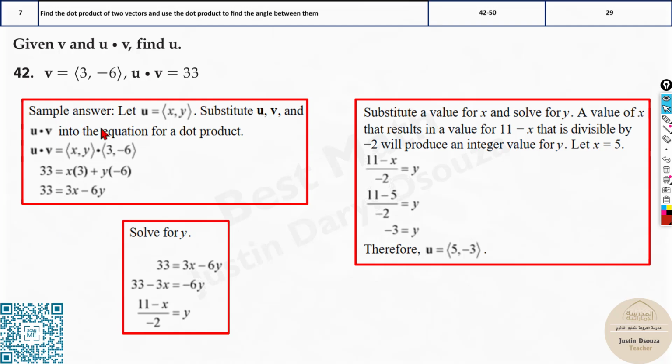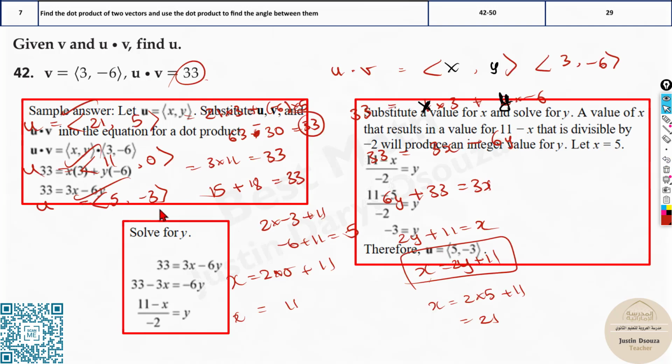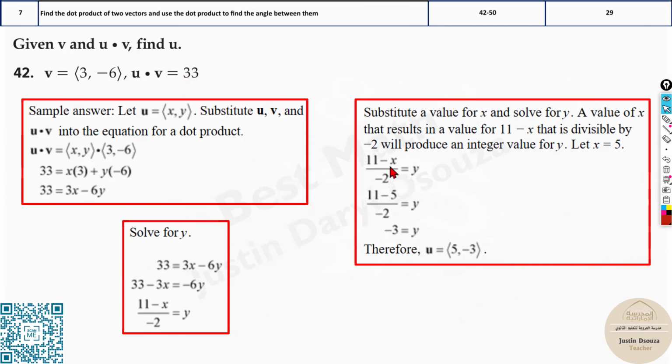Because we can have plenty of answers. Yeah, we had got 5 and minus 3 as well. But even other possible answers are correct and they have taken it in terms of y. What they have chosen over here is an x value of 5. You can take x as 0. If you take 0 over here, it'll be 11 by minus 2 and that will be the answer. So you can choose any, up to you.